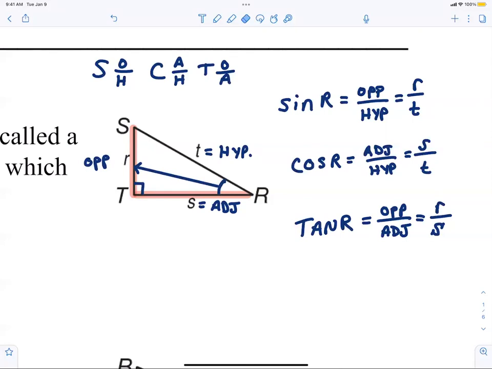So I want everybody to take a look at their calculator, at the top of your screen. There should be a degree mode. It should say degrees. If it says radians, I need you to tell me. Radians you will learn in pre-calculus. Because we're going to be working in degrees, we need to set our calculator to degrees.